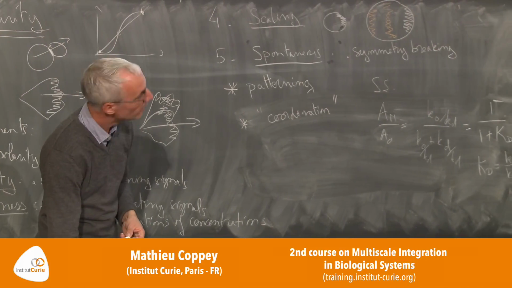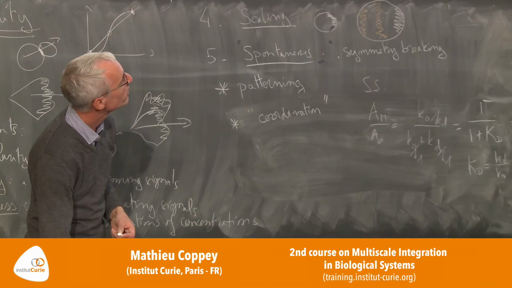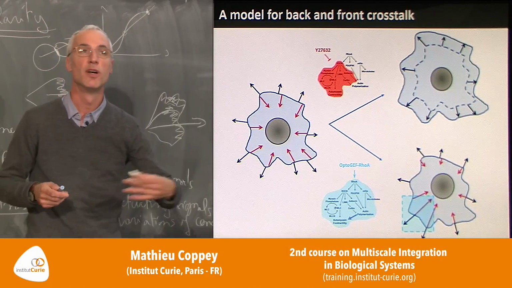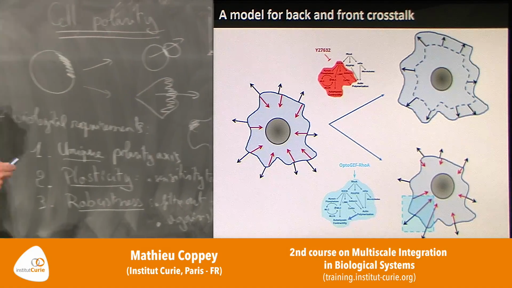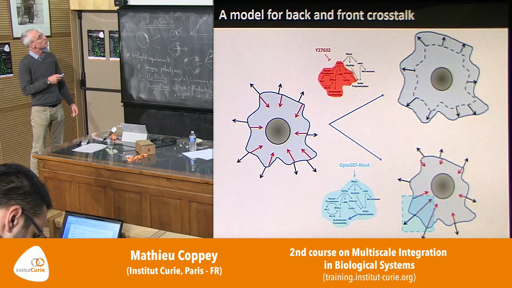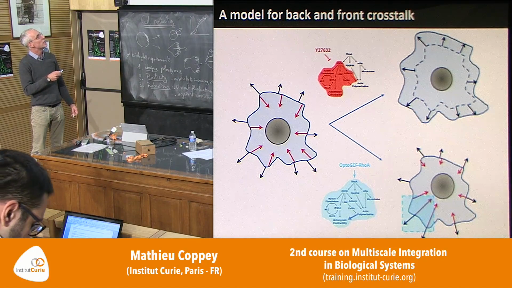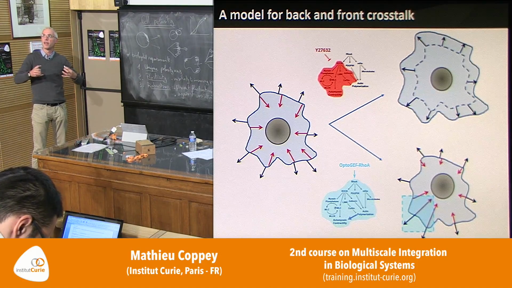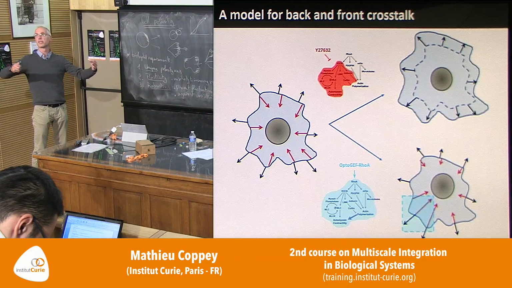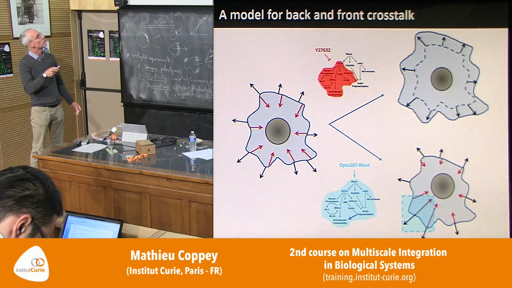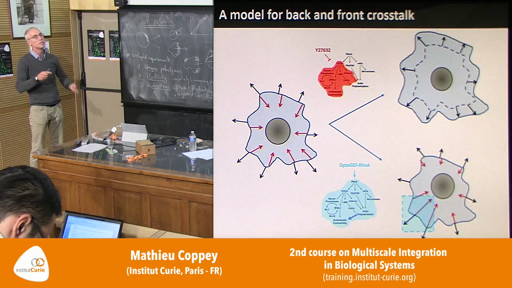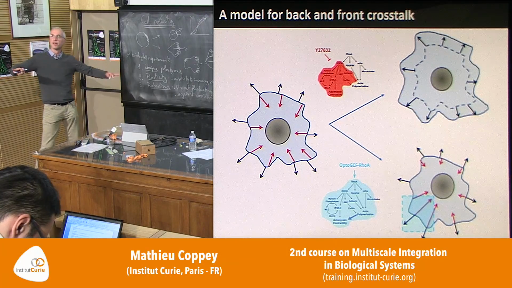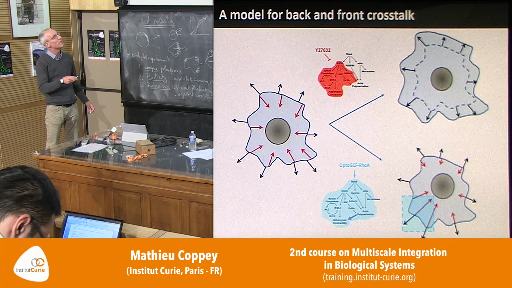And to show you how it works in terms of how the cell moves, why it moves forward, you can think about the cell having a shape that is a balance between contractility, which is dependent on RhoA and tends to contract the cell, and protrusion, which depends on Rac and Cdc42. It's the balance of both that gives rise to the cell shape. If you block contractility by a drug, and you do the experiment, you see the cell extend from everywhere.